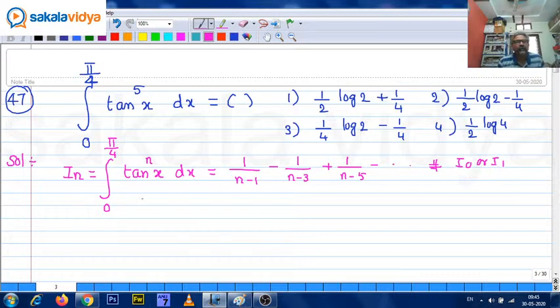So here I equals integral 0 to pi by 4 tan x to the power of 5 dx.